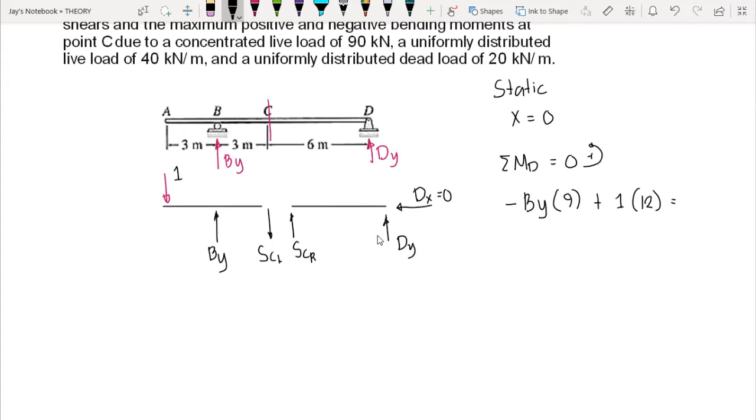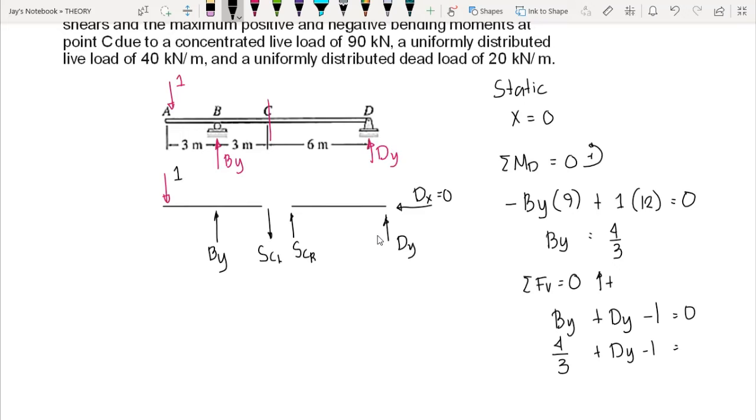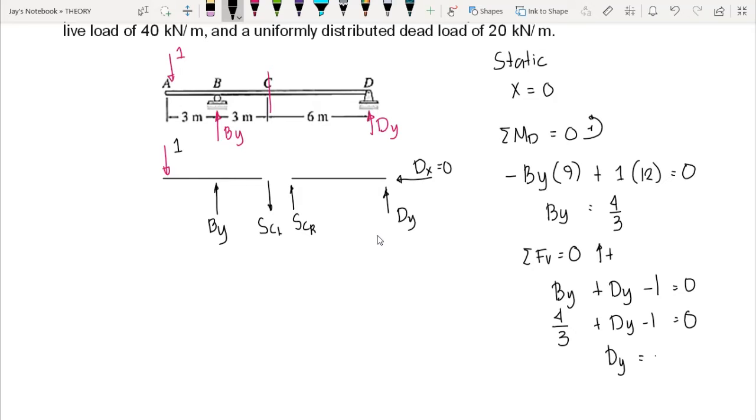And this equals 0. So we have By equals 4/3. And for Dy, we sum up vertical forces equal to 0, upward forces are positive. So we have By plus Dy minus 1 equals 0, but By here is 4/3, so 4/3 plus Dy minus 1 equals 0. So we have Dy equal to negative 1/3.